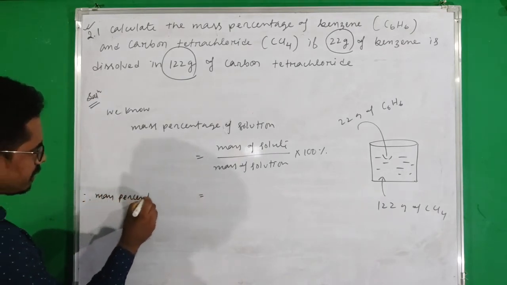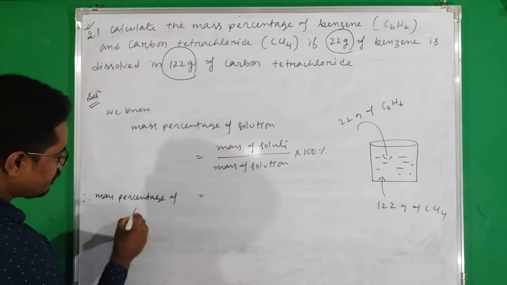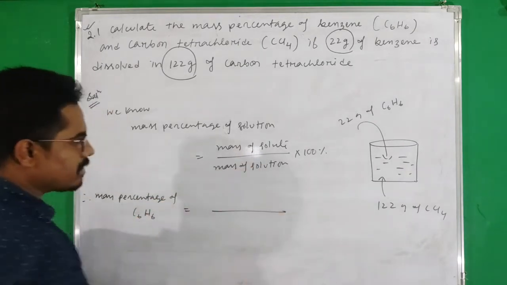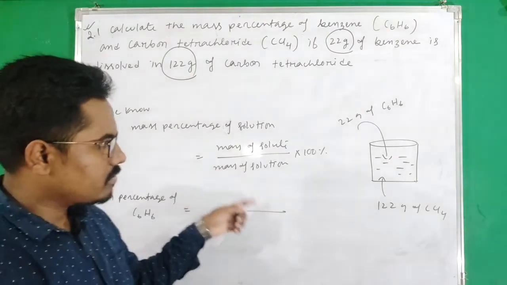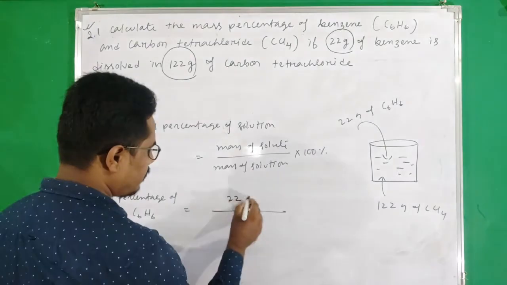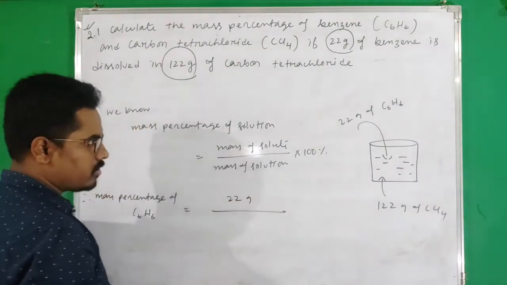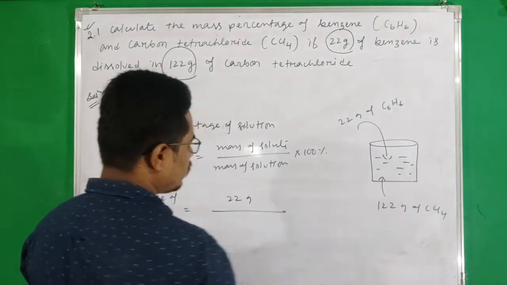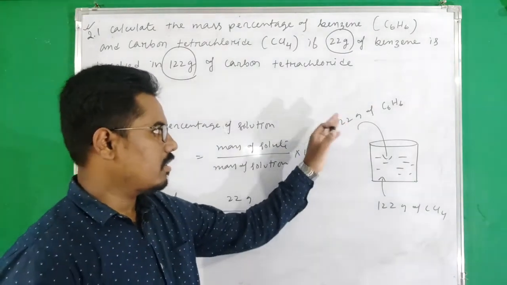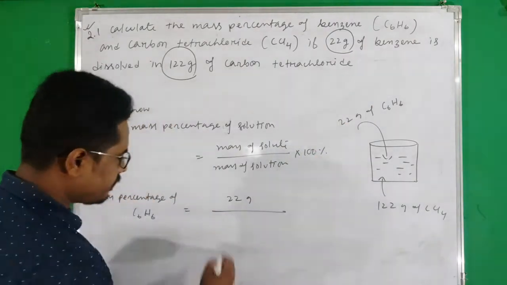So therefore mass percentage of benzene equals mass of benzene divided by mass of solution into 100%, and mass of benzene is 22 gram. Mass of solution will be 22 plus 122 gram, because to determine the mass of solution we have to add the mass of solute and solvent.